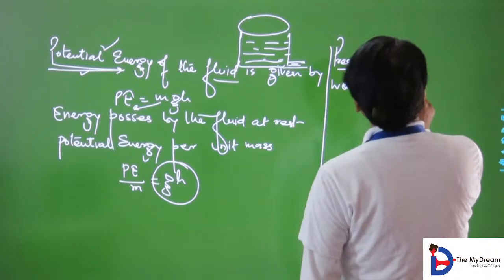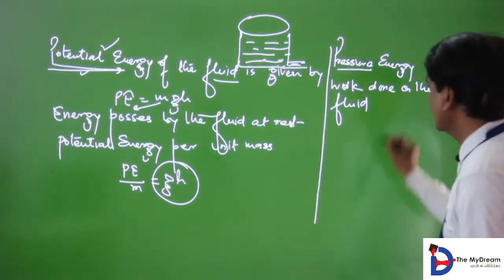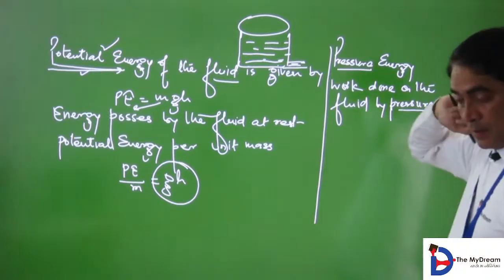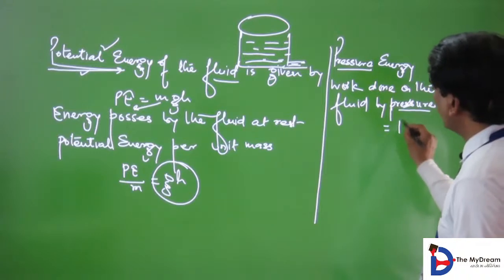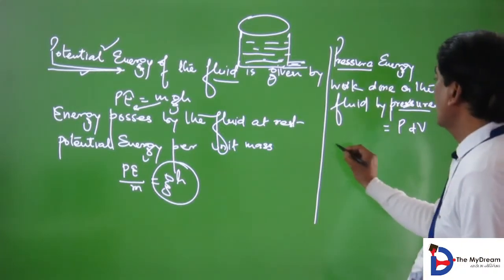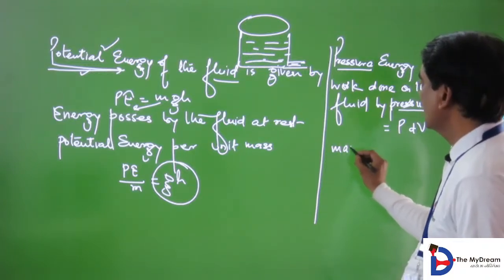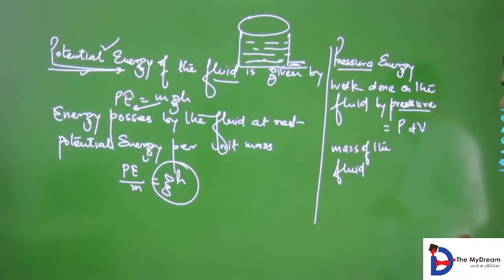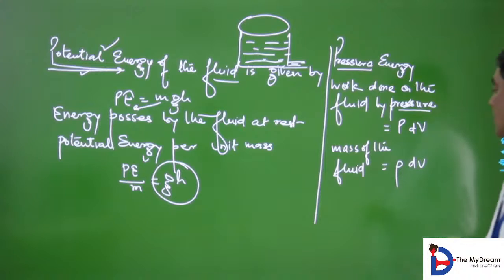Work done on the fluid by pressure is given by P delta V. The mass of the fluid is given by rho into delta V, where rho is the density.